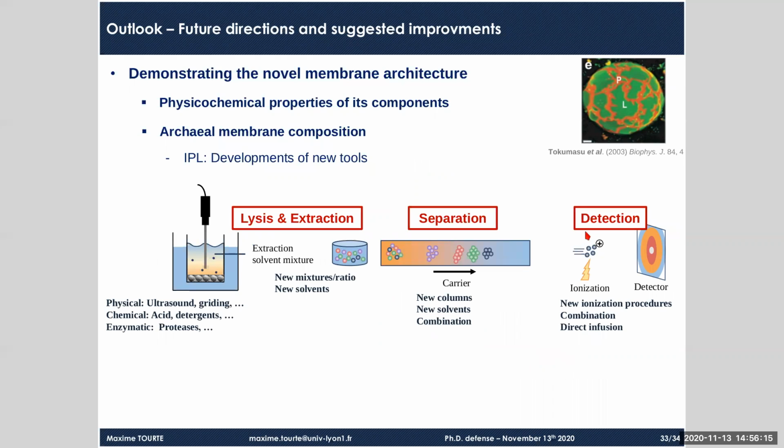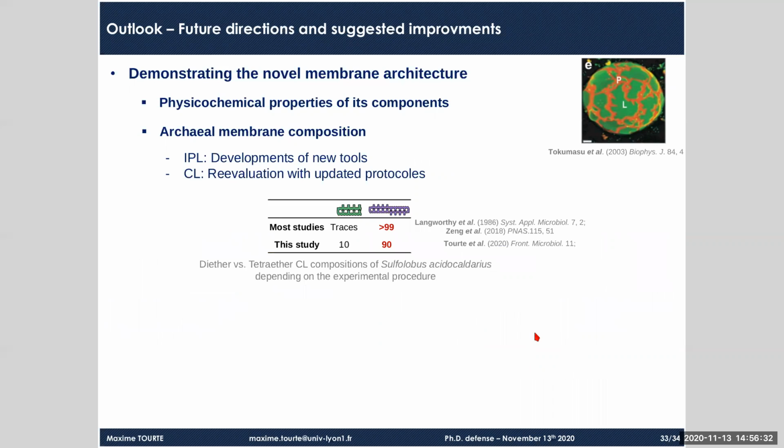As I said during the presentation, analyzing and extracting these lipids remains highly biased, and we have different points that we could try to improve in order to enhance the recovery of these intact polar lipids in Archaea. The core lipids in Archaea have been widely studied, but as I said again, some of these studies were biased, and re-evaluating some key species of Archaea using updated protocols could actually clarify the distribution of these compounds in Archaea.